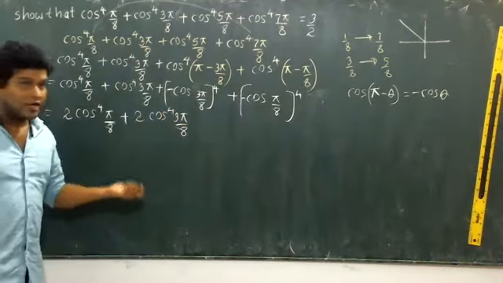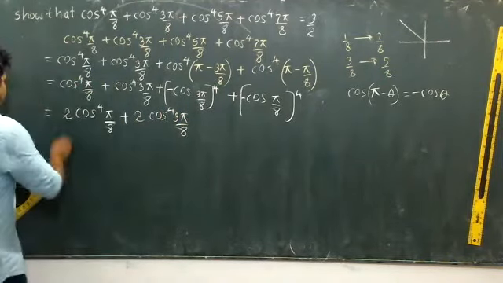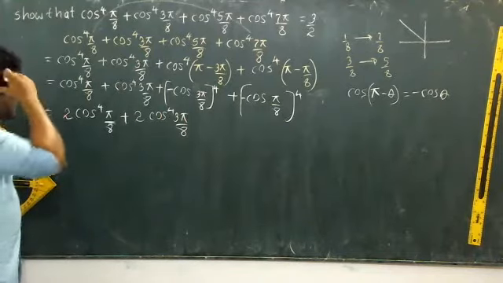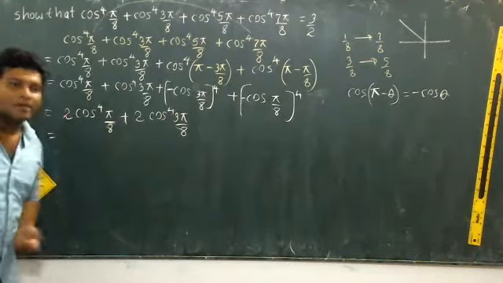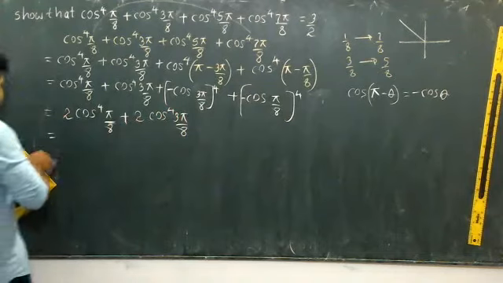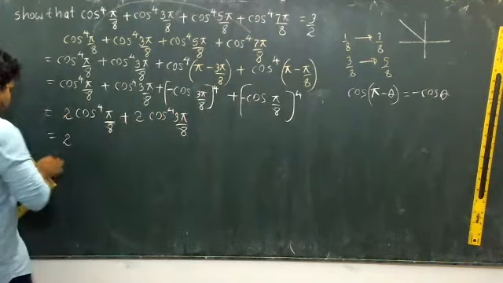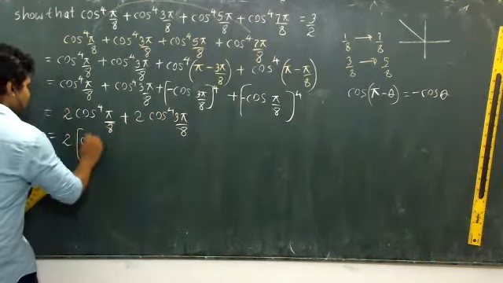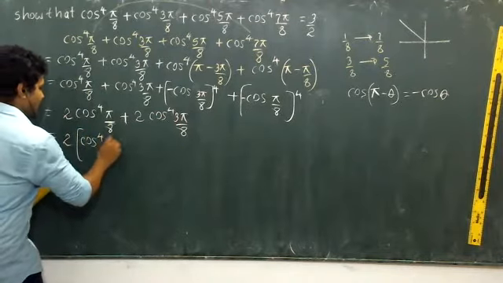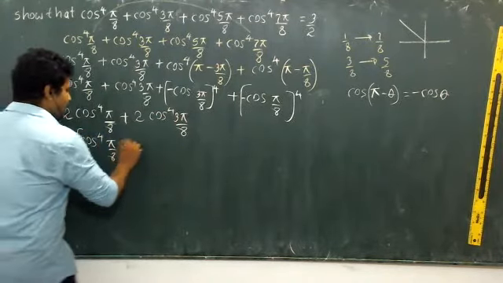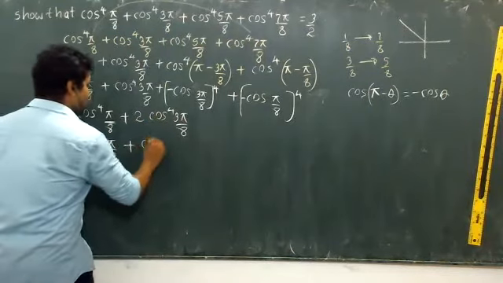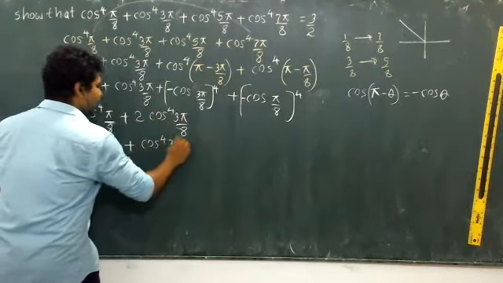Like this, you can write. By writing that, now 2 is the common number. Therefore, I can take that 2 out: 2 times cos⁴(π/8) plus cos⁴(3π/8).